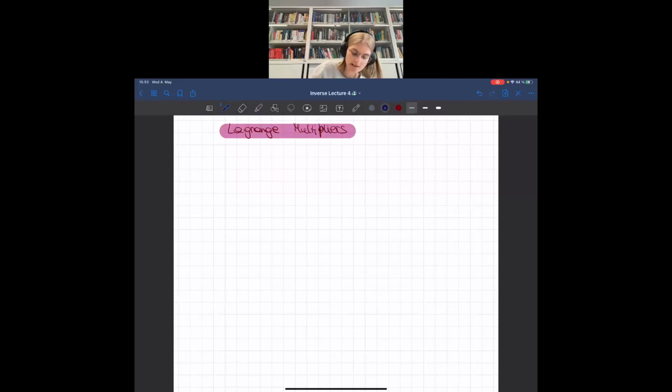So the aim is to solve a problem subject to some constraint, whatever this constraint might be. And in the purely underdetermined case, so the one we just looked at, we assume that the constraint we use is that the data misfit is 0.